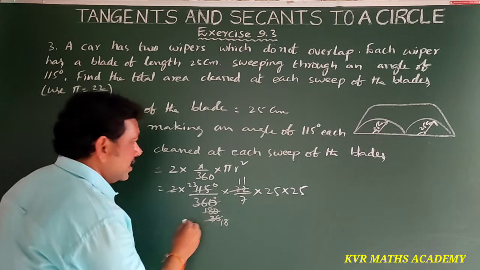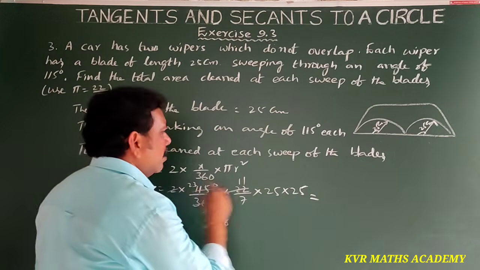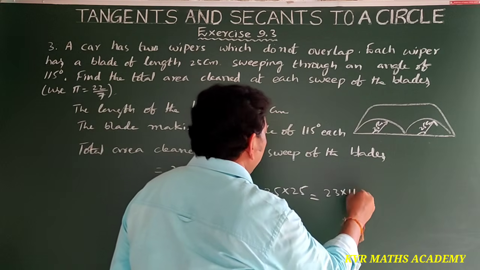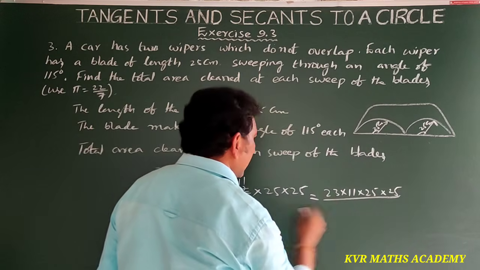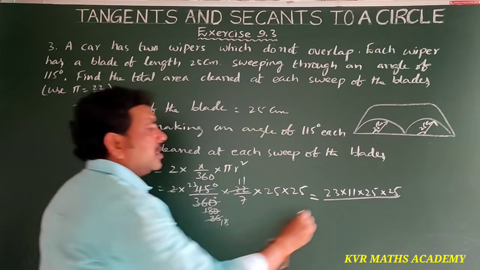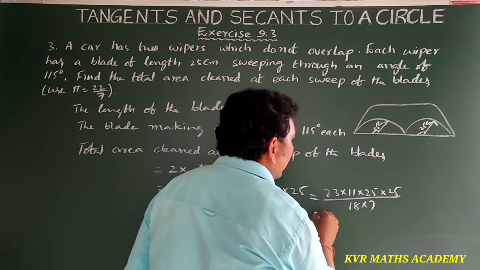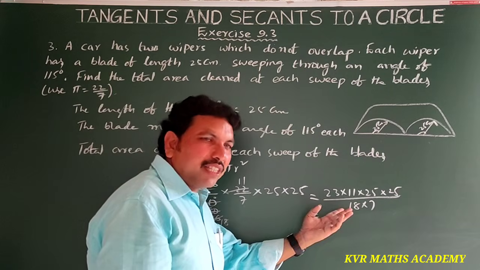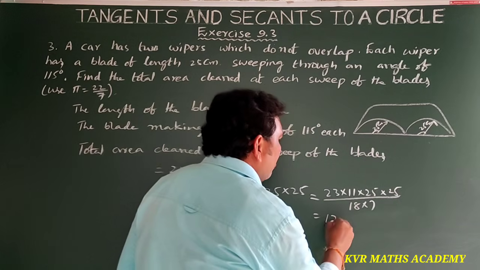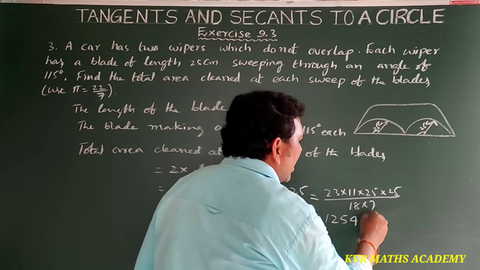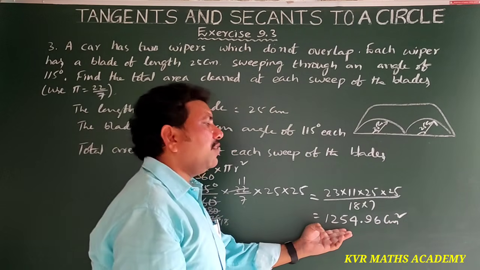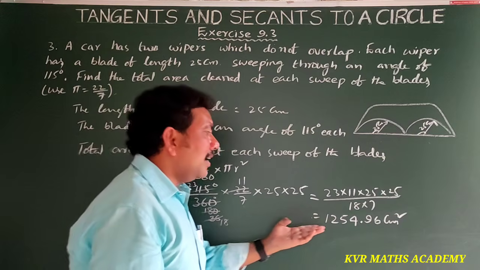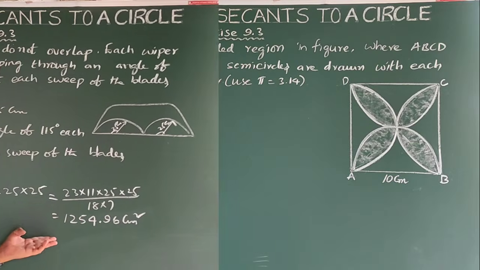So finally that is equal to 23 into 11 into 25 into 25 by 18 into 7, which is 126. If you simplify this one, you will get 1254.96 centimeter square, nearly 1255. Understood clearly or not?